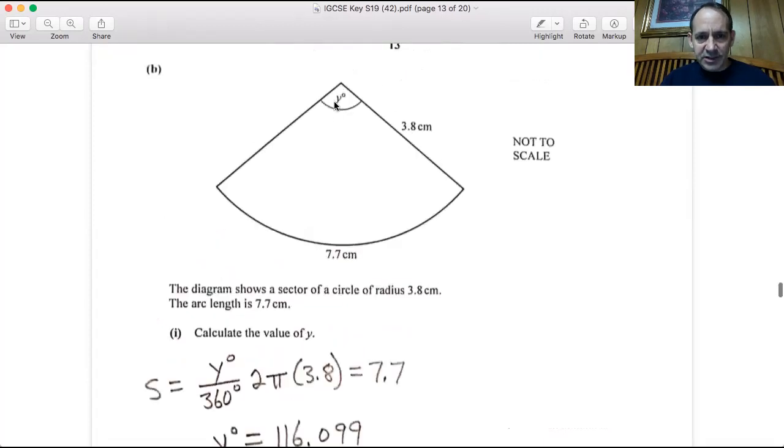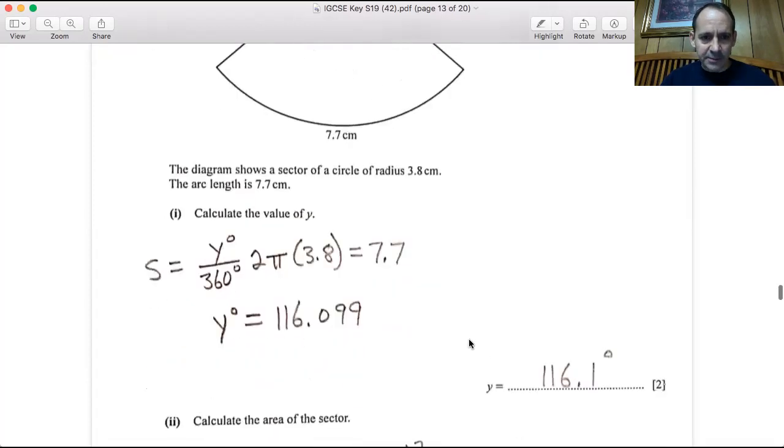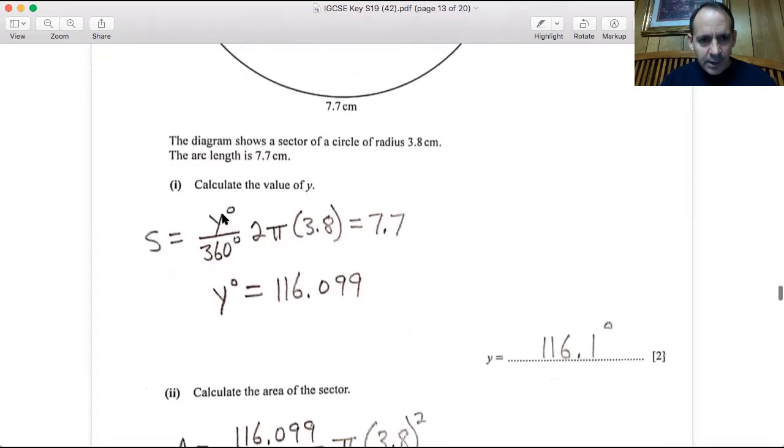This is in degrees because of the little degree sign on the y here. Find y. So y degrees out of 360. Arc length is a part of circumference. Circumference is 2 pi r. So here's the r, the 3.8, and we want a fraction of the circumference, and y degrees out of 360 total is that fraction. You multiply this out and you get 7 points.